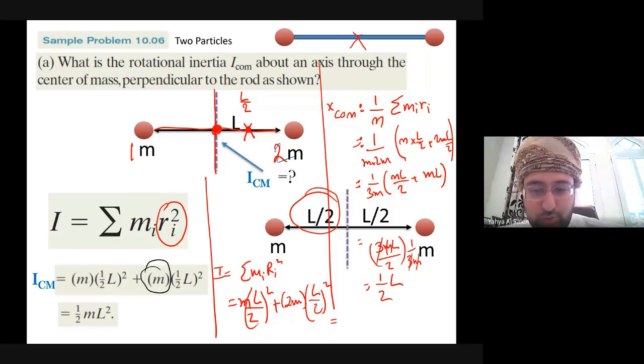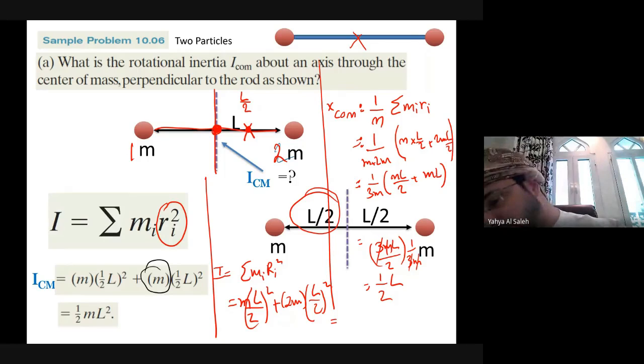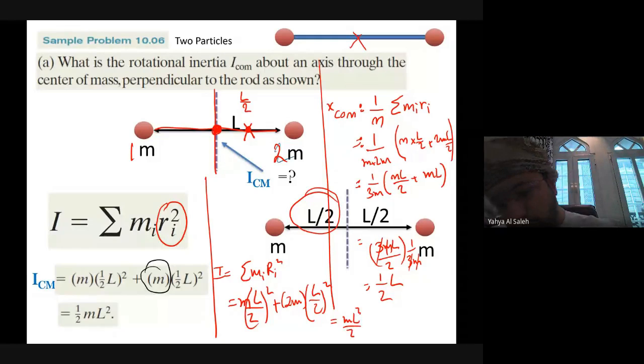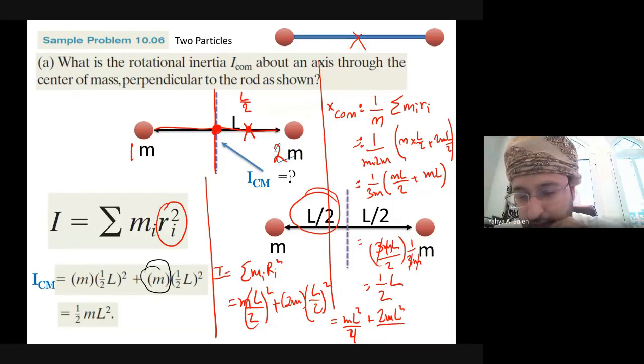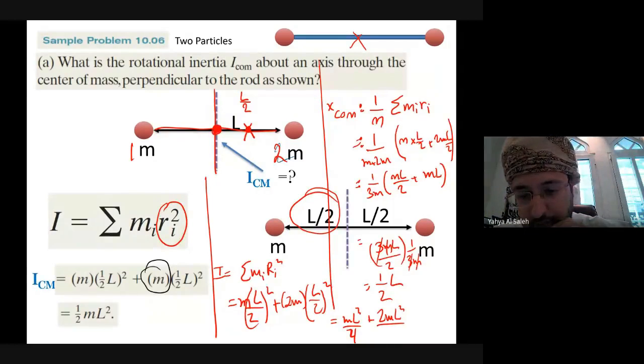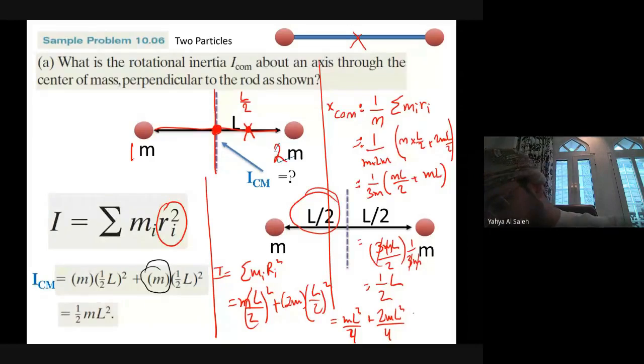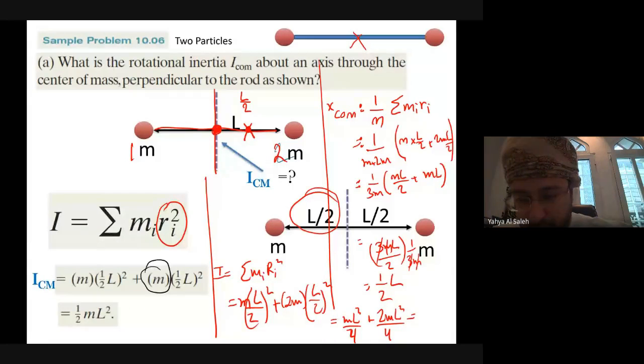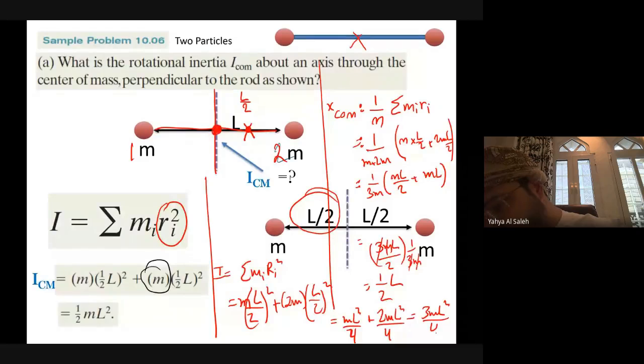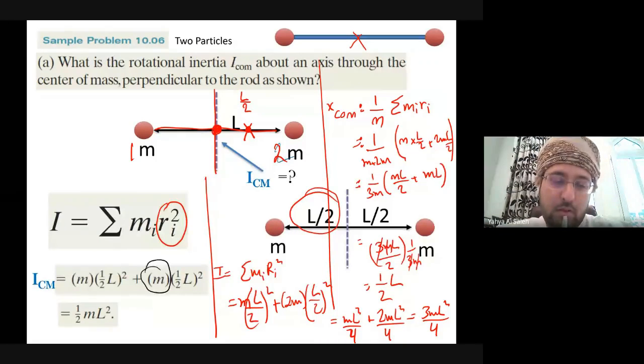This I will end up with mL squared over 2 plus 2mL squared over, sorry, mL squared over 4. 2 squared is 4. And 2mL squared over 4, which is equal to 3mL squared over 4.